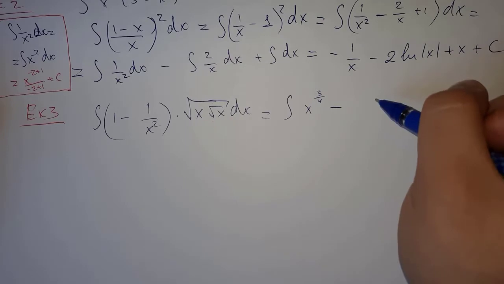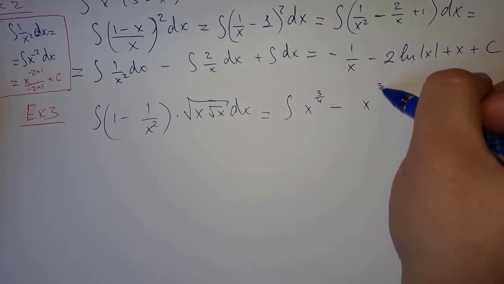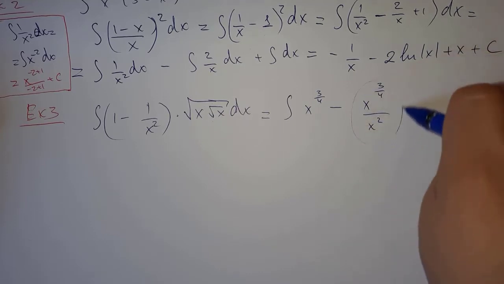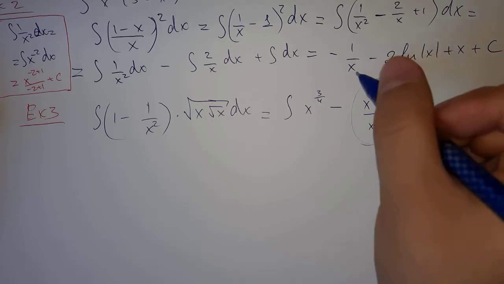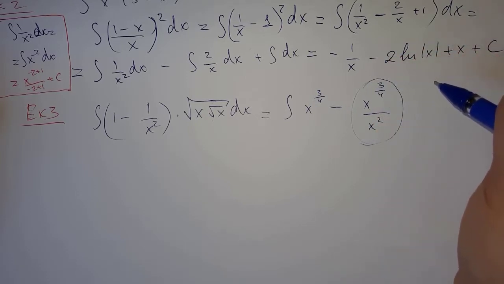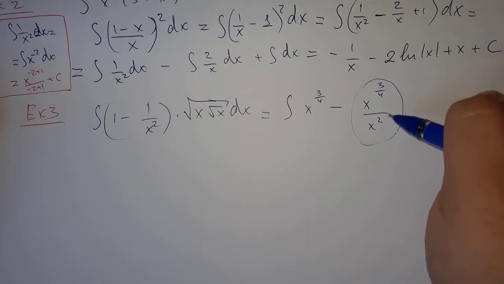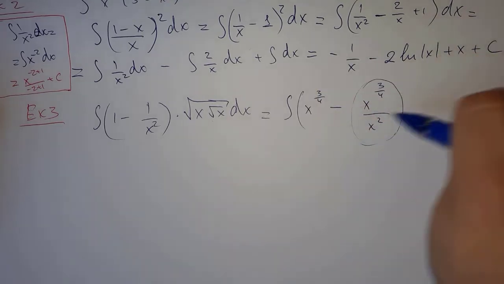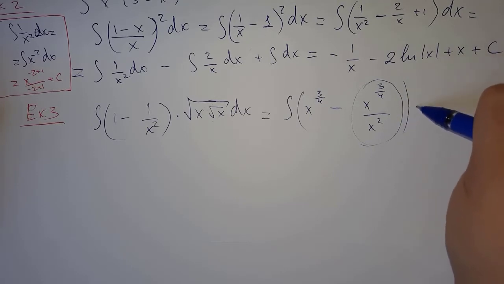So here we have like this: x to the 3 over 4 over x squared. And if we subtract it, we get, so look here, it will be clear. So 3 over 4th degree and second degree, and we will use this property of exponents, and we need to subtract these 2 degrees.